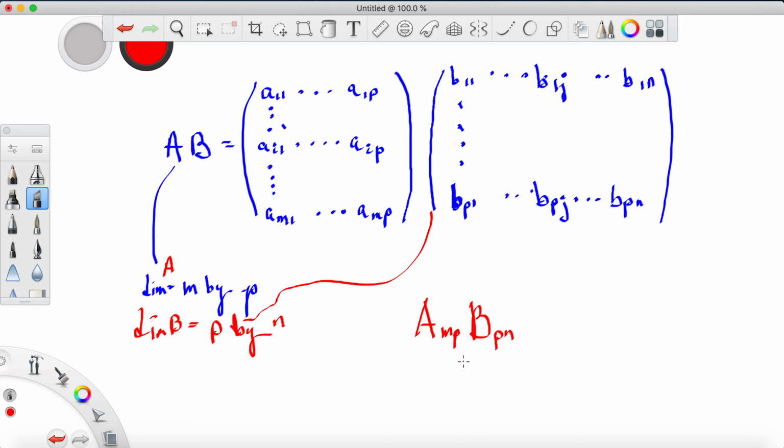Now, here's a rule that you have to learn right now, and that is that these inner dimensions have to be the same. What do I mean by inner dimension? I mean the pair of numbers that are small and closest to the letter B, right? That pair right there. They have to be the same thing. And if they're not, your multiplication isn't defined.